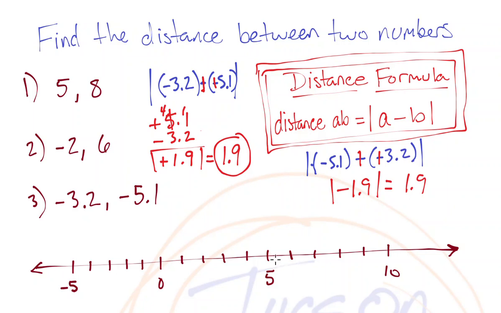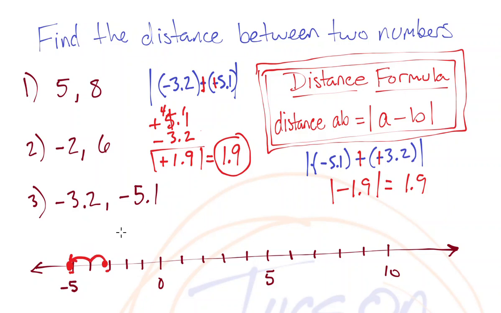Let's show it on the number line. So negative 5.1 is over here. Negative 3.2 is right there. So it's really hard to count when we're dealing with decimals, but you can see that the distance is almost 2, right? It's almost a space of 2 there, but this is 0.2 away, and this is 0.1 away, so it's 1.9.